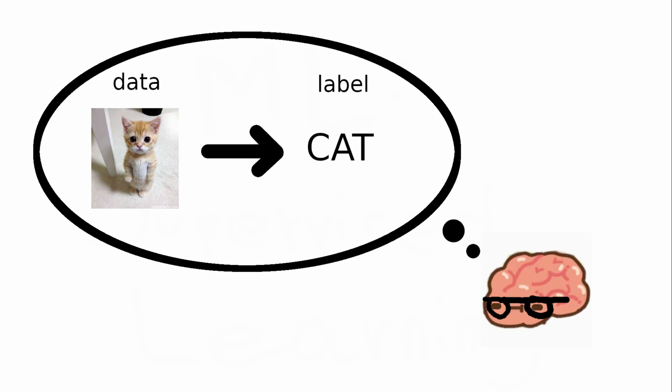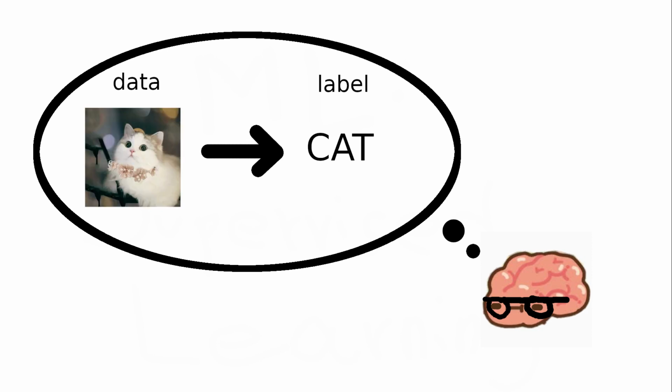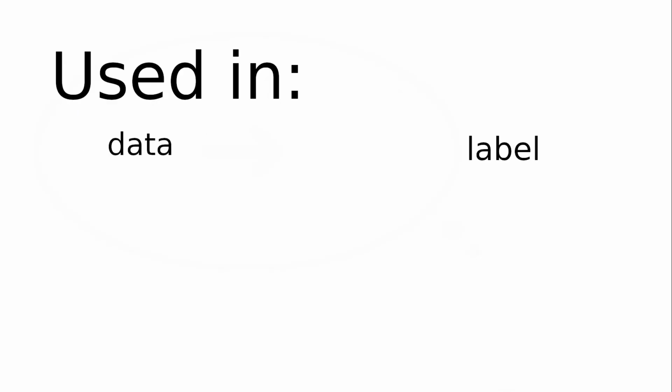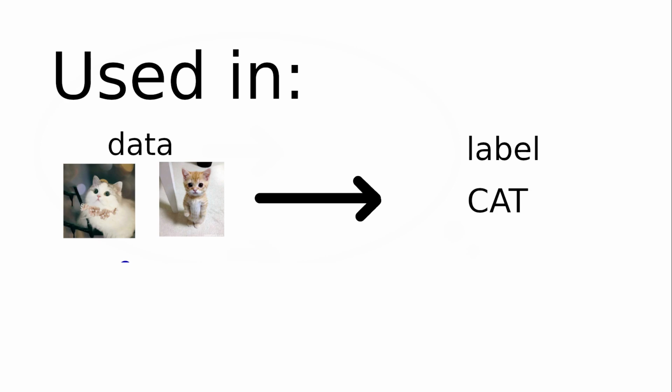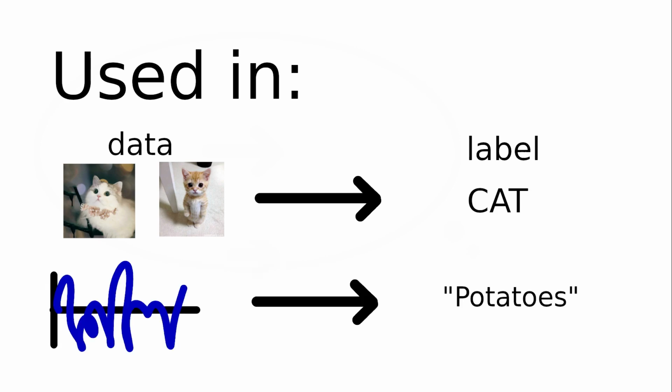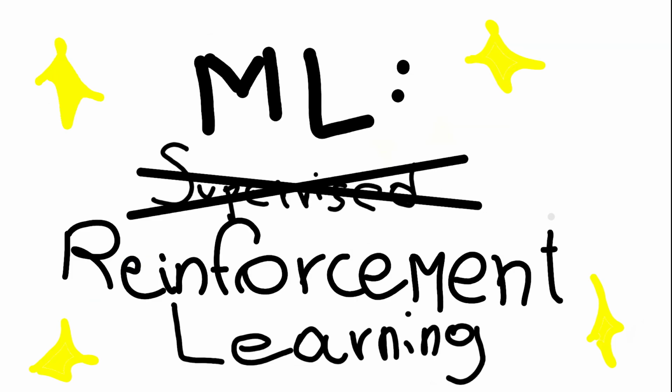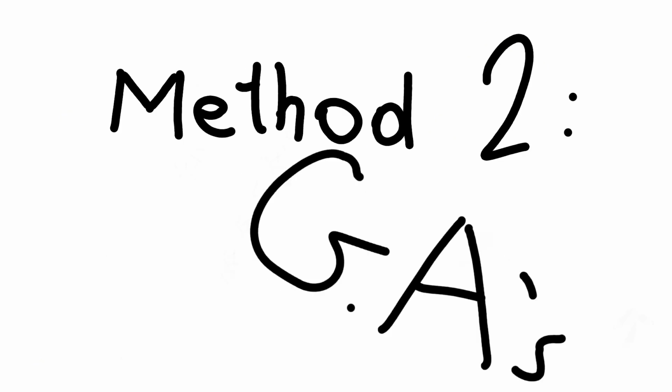When the neural network is trained, it learns to identify more complex and abstract concepts that relate the labels to the data. This is what's used in, for example, image recognition and speech recognition. But what we really need is an area of machine learning called reinforcement learning. And that's gonna get us to method 2, genetic algorithms.